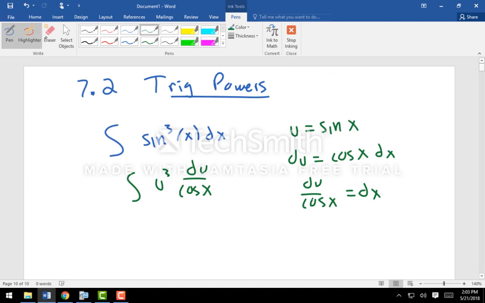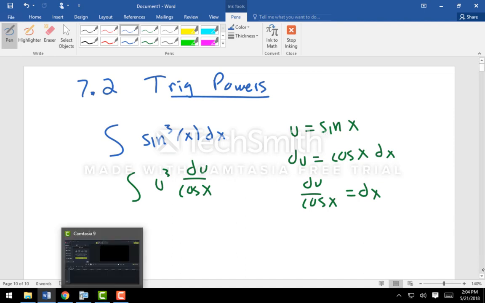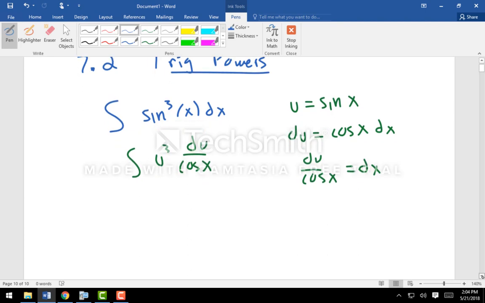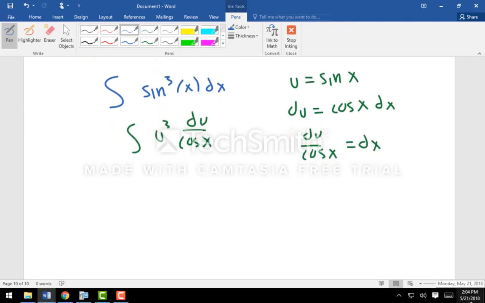So in this scenario, we need to manipulate the original integral and put a cosine into the integrand. We're going to break off a term.